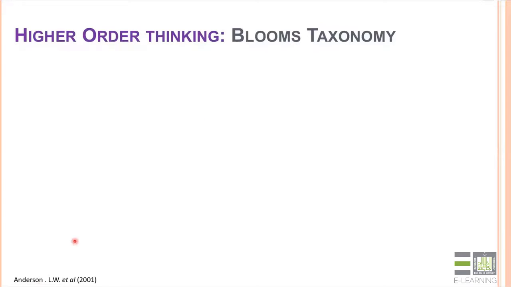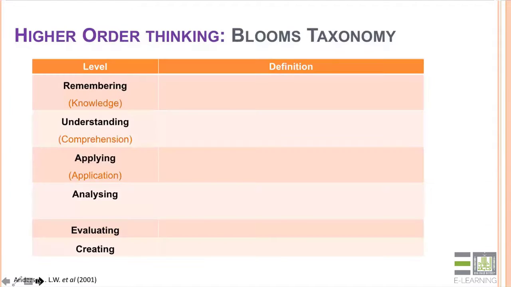Now, Benjamin Bloom described 6 different levels of cognitive behavior, and I've listed them here from the most basic, which is at the top, remembering, to the most complex, which is at the bottom, which is creating.